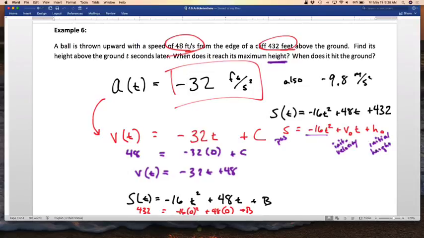And so we just worked through how to get that, where that function comes from, using anti-differentiation starting just with the constant of gravity. So whoever came up with that model started with the constant of acceleration due to gravity and worked backwards. And that's how we got our position function, or our vertical motion model.